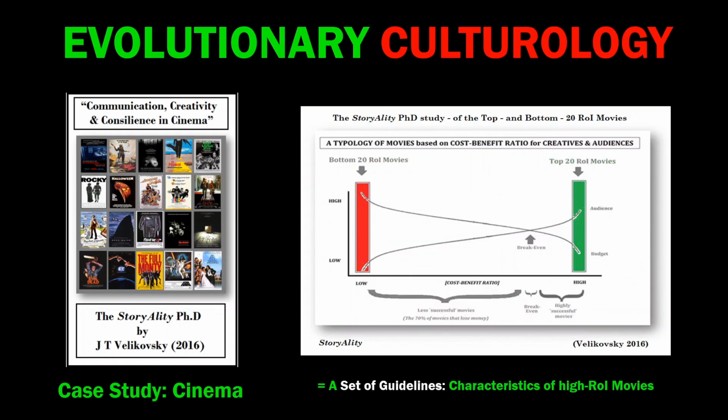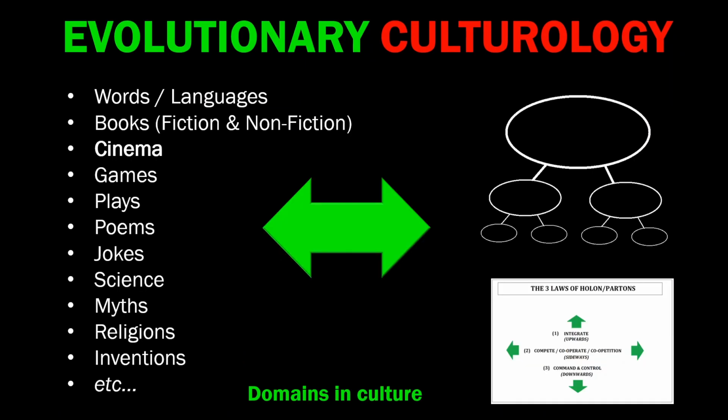And this results in a set of guidelines which are essential characteristics of high return on investment or viral or profitable or successful movies, comparing the viral to the non-viral. And as I say, that's just one example from cinema, but you can do this comparative analysis with the evolution of any domain in culture, using these tools of the holon-parton and the systems metamodel.